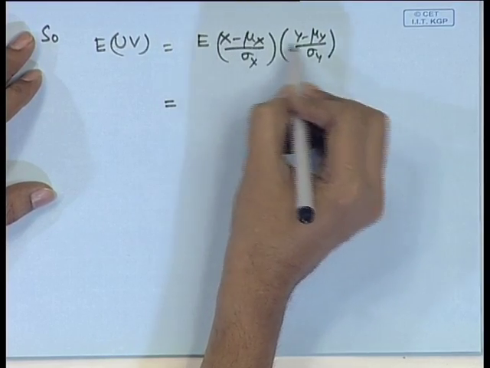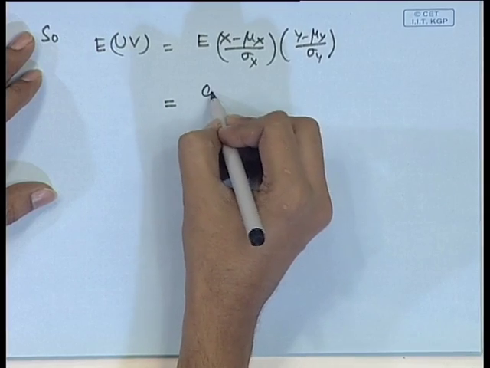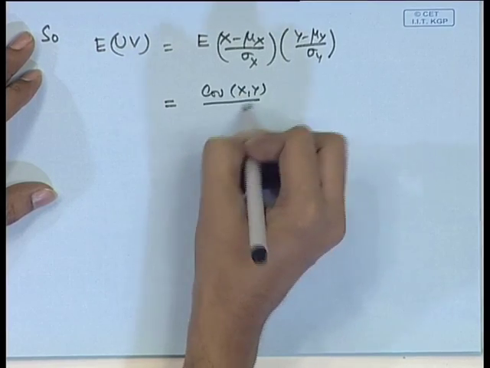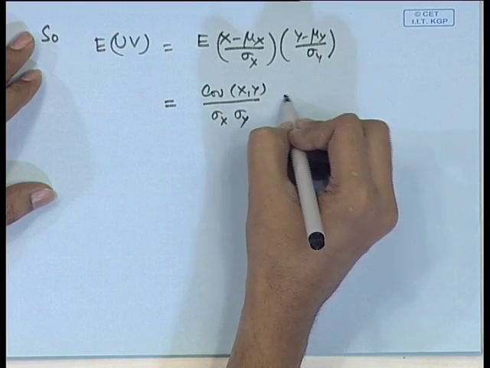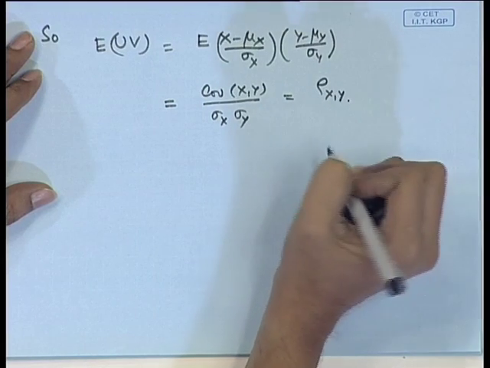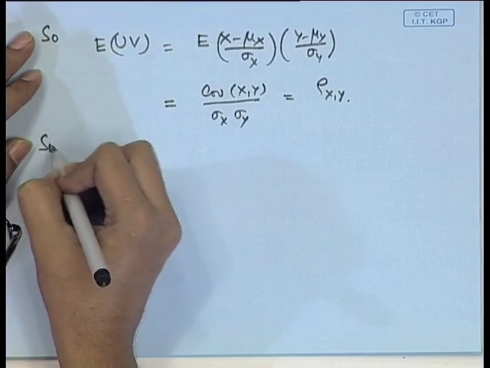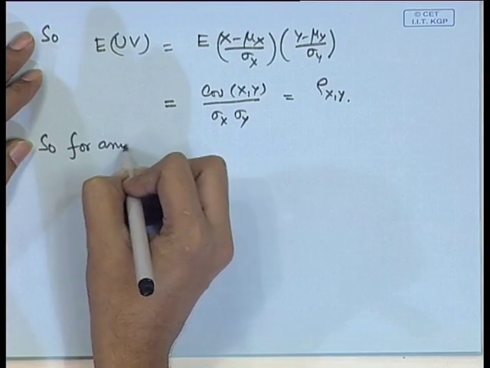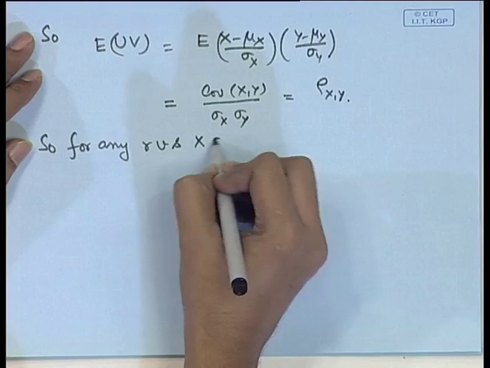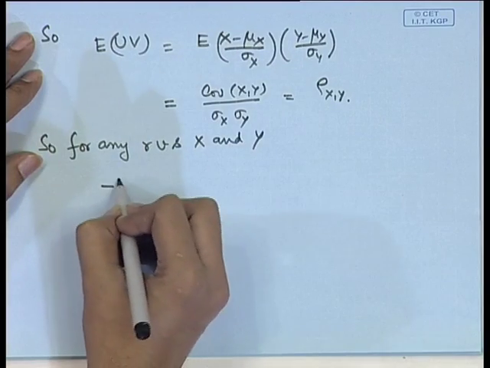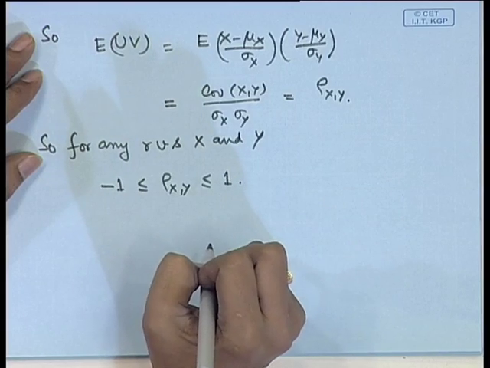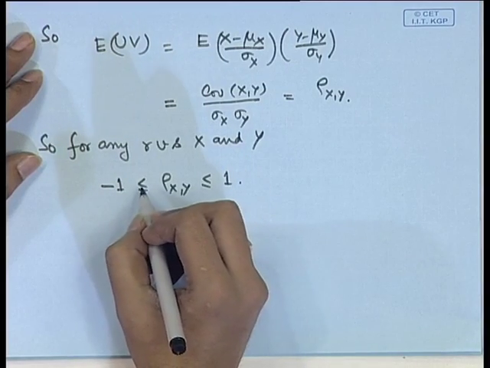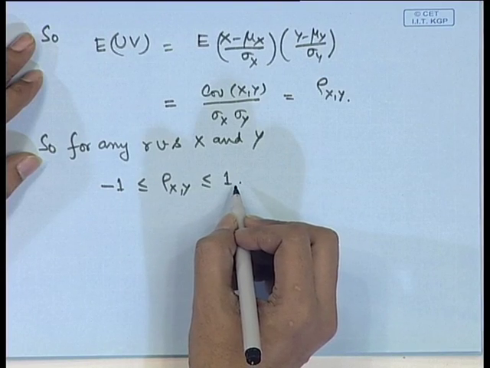So, the numerator here is simply the covariance term between x y divided by the standard deviations of the x and y, that is the correlation coefficient between them. So, for any random variables x and y, the correlation coefficient lies between +1 and -1. The least value is -1 and the maximum value is +1.